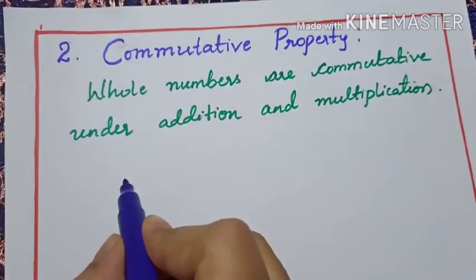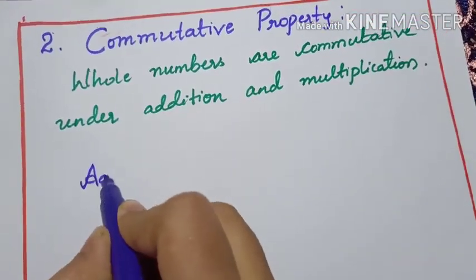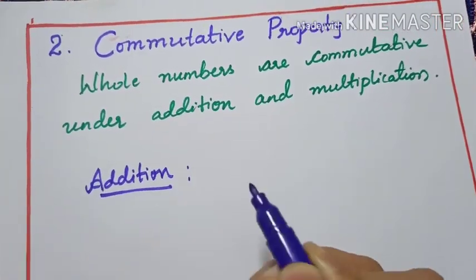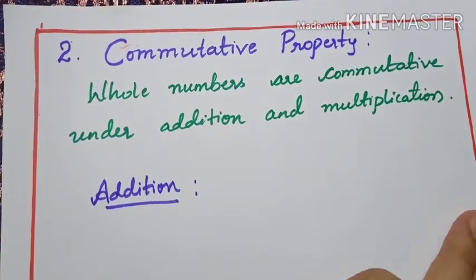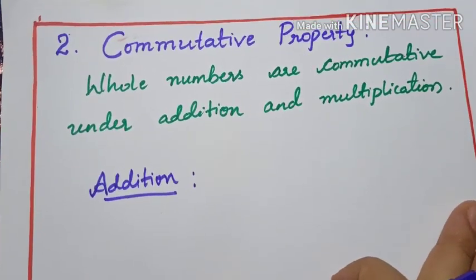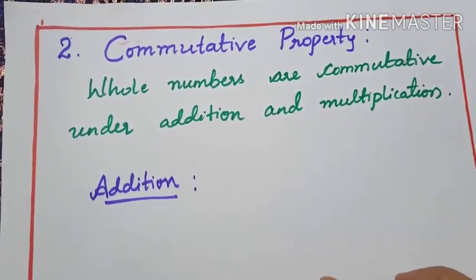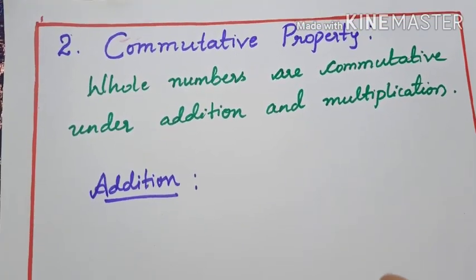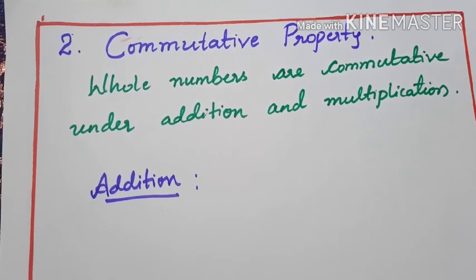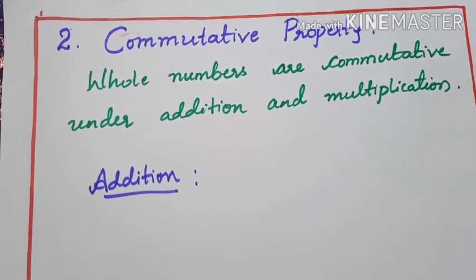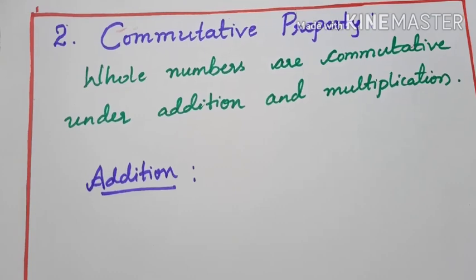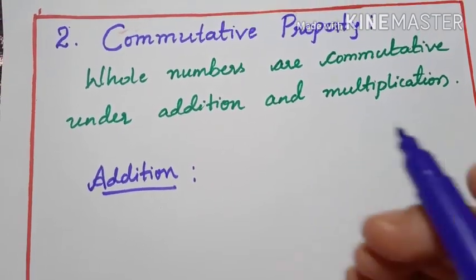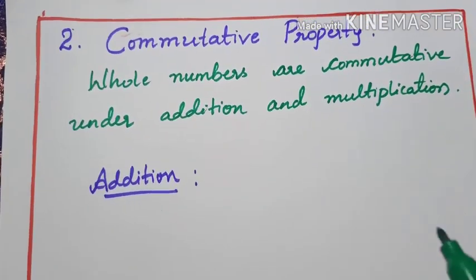Let us see the commutative property under addition. The commutative property says when you add any two whole numbers in any different order, you will get the answer, and that answer is also a whole number.